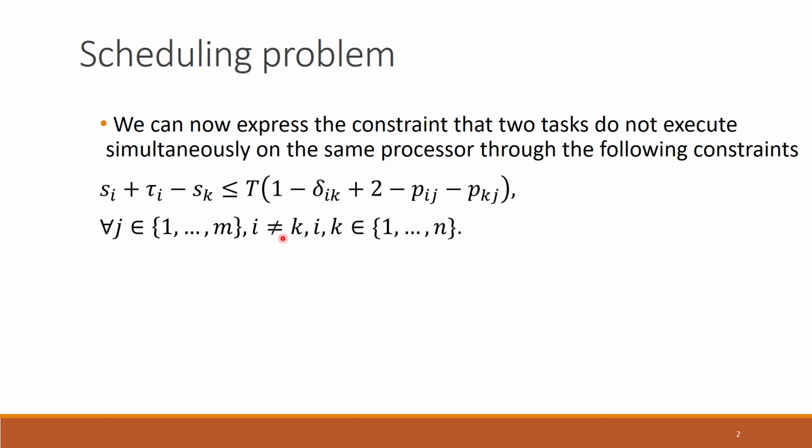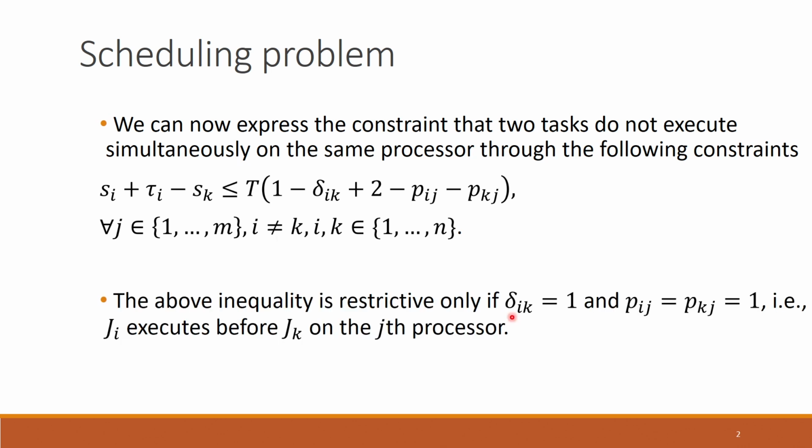Let us look at what this constraint is doing here. If delta ik is equal to 1, it is given that the starting time of task ji is less than the starting time of task jk, and Pij and Pkj are both equal to 1, that is, the tasks ji and jk are both being implemented on the processor j. Then we want task ji to execute before we start the task jk.